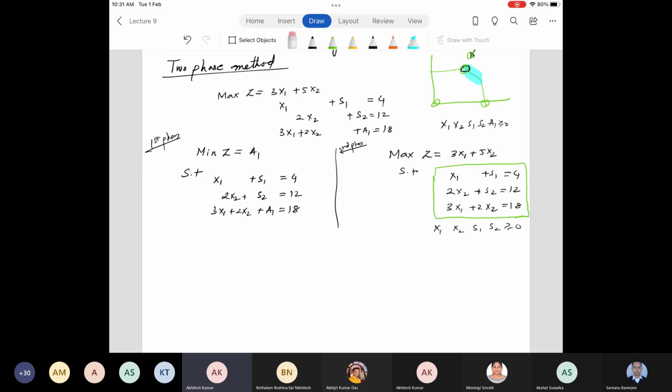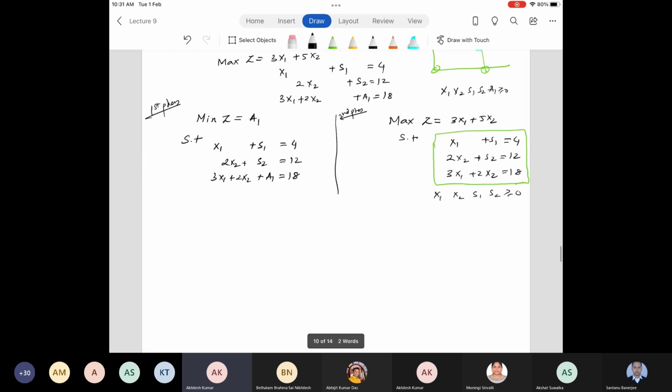So let me first solve the first phase, and I'm only going to discuss the first phase with you because this is what I need for quadratic programming. The second phase, as an industrial engineering student, you should know all these things. If you have forgotten, please revise it. So I will convert minimization into maximization by multiplying by a minus sign.